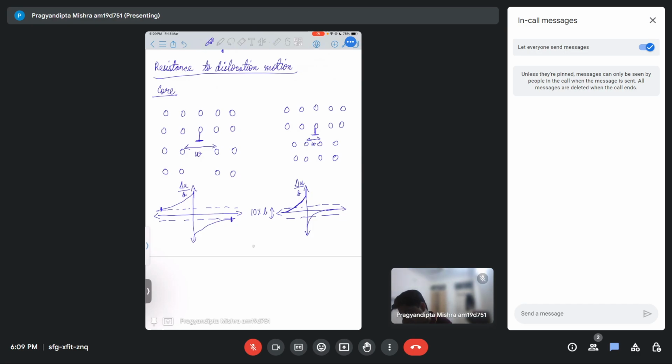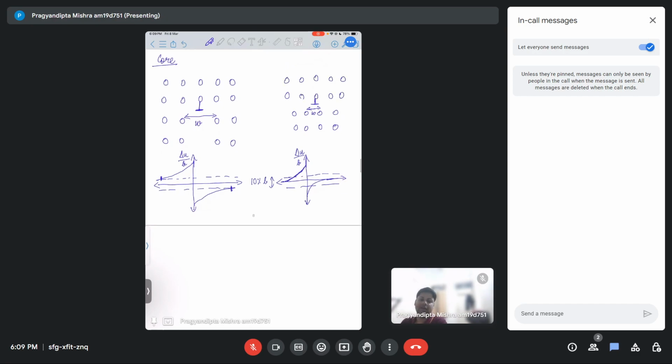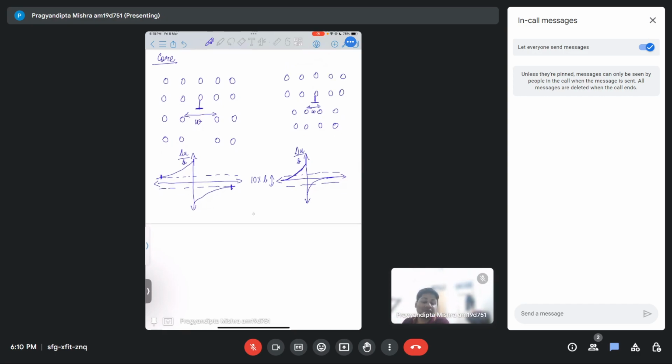So what we can say is that this delta u by b value at plus or minus 10% will almost die down, and therefore the core will offer much more resistance to dislocation motion. While if the width is larger, the dislocation core is larger, the dislocations will be easier to move.